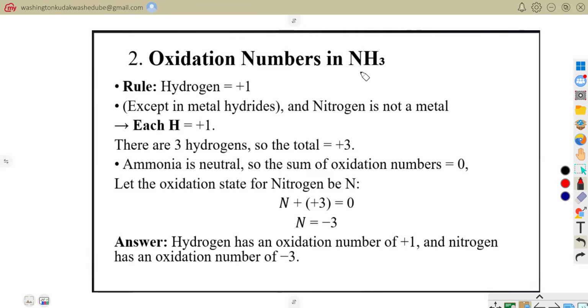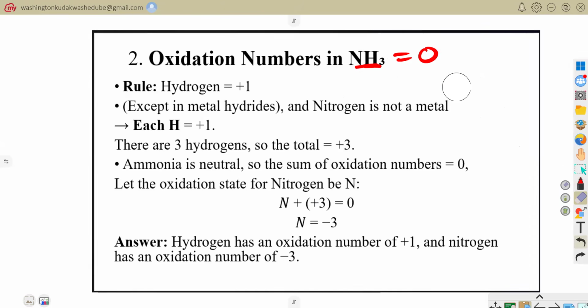Now let's look at question number 2. We want the oxidation states, or oxidation numbers, for each atom in ammonia. In ammonia, you see that this is a molecule, and whenever we have molecules, the oxidation numbers have to add up to 0. But by rule, only when hydrogen is bonded to metals, in hydrides, will it carry a -1 charge.